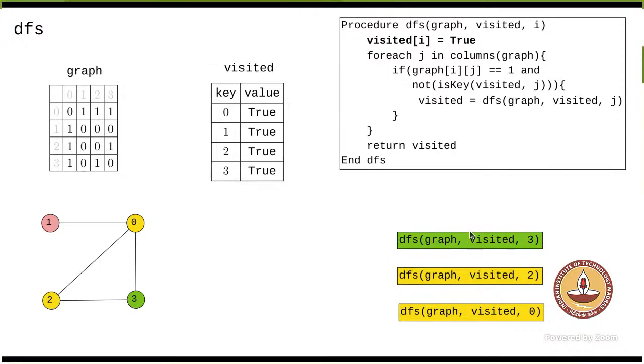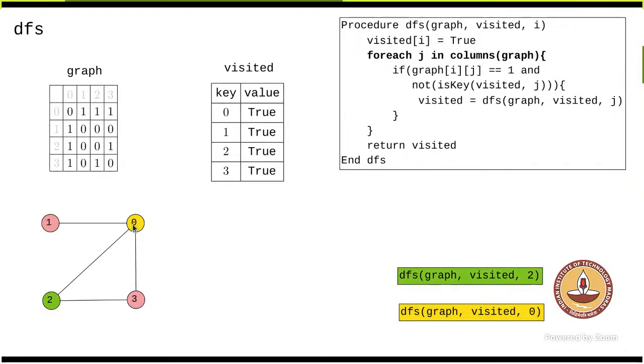How should I color this now? Red. Okay, so I'll color this red because there are no more recursive calls here. I'll end DFS. Now 3 will go off, and what will become green now? DFS graph visited 2, right? So that becomes active.